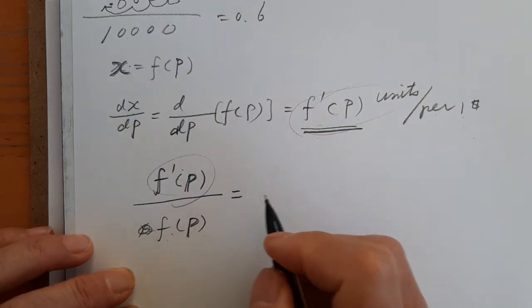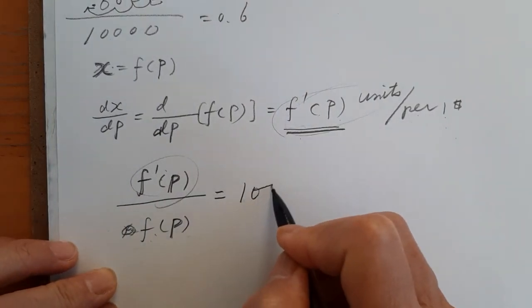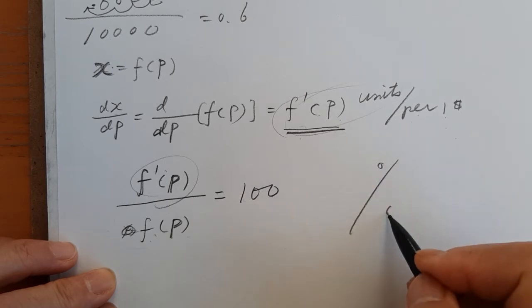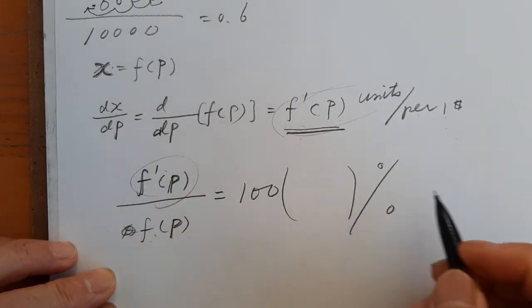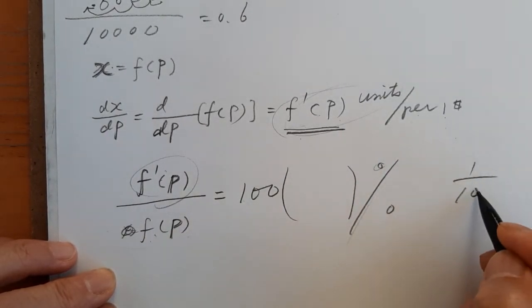If you change to percentage, you multiply by 100 and divide by 100. Percent is 100 over 100.